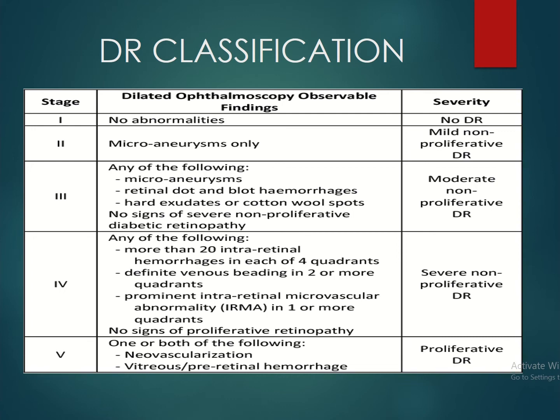And when do you call it proliferative diabetic retinopathy? When you have neovascularization either in the disc or elsewhere in the retina. When you have vitreous or pre-retinal hemorrhage, it is classified as proliferative diabetic retinopathy. So you can have no changes, mild, moderate, or severe non-proliferative diabetic retinopathy, or proliferative diabetic retinopathy.